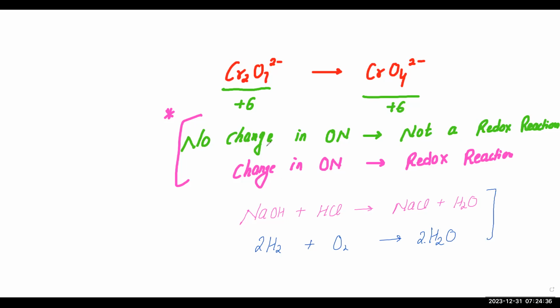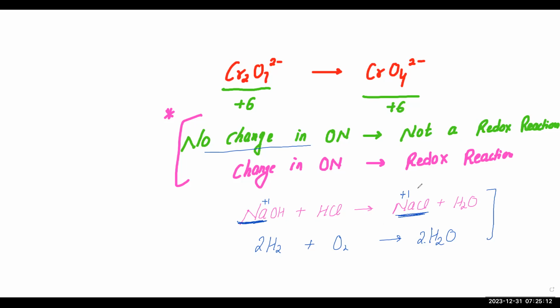So let's start. Check the change in oxidation number. What's the oxidation number of sodium here? Rule number 5. Alkali metals are always. Check the rule number 5, children. Yes, it is plus 1. And what is sodium here in this compound? Plus 1.